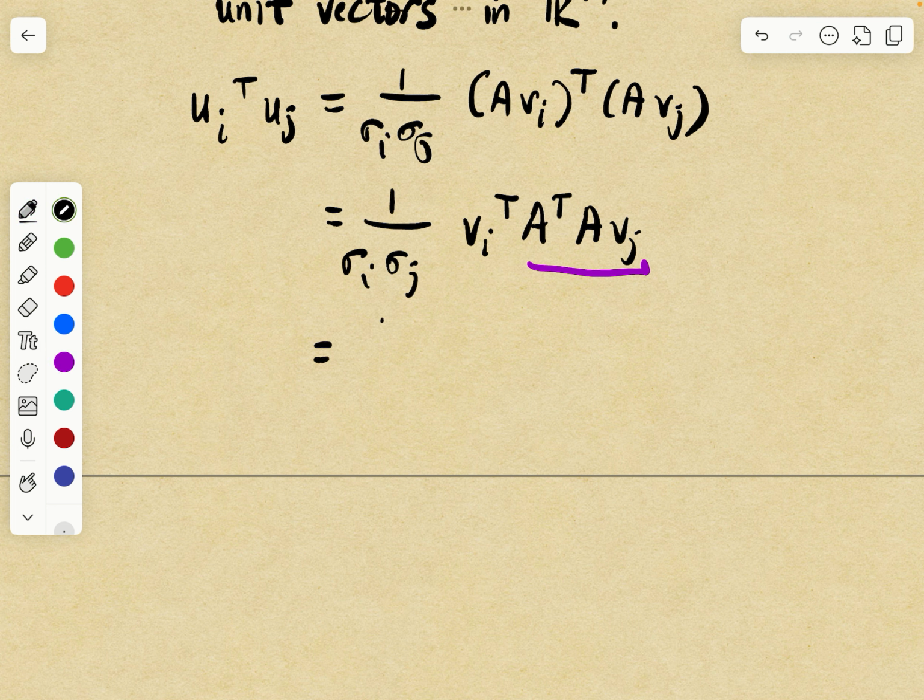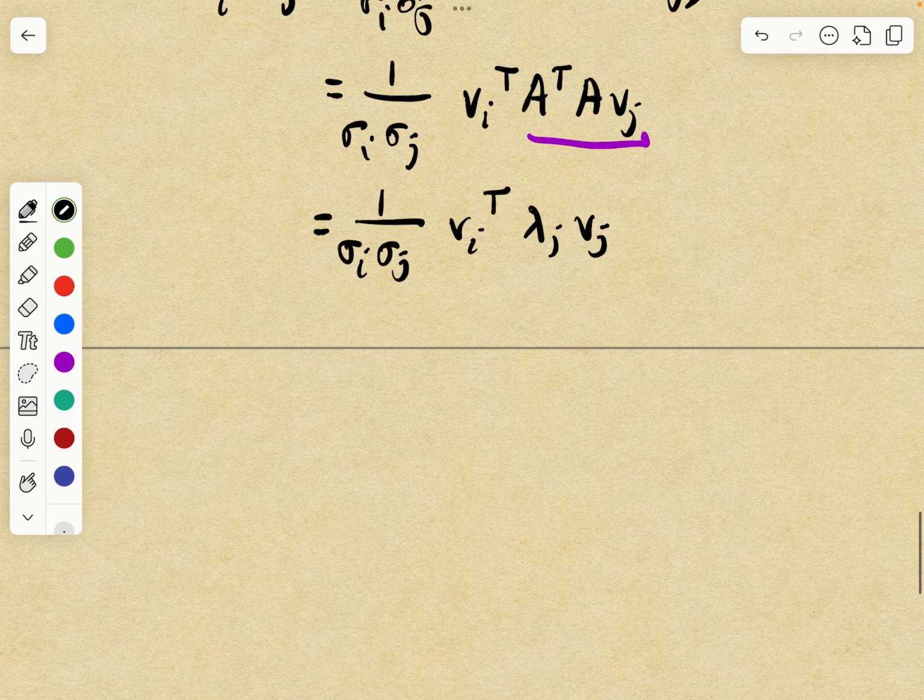So this is going to be 1 over sigma i sigma j Vi transpose lambda j Vj. And of course, this lambda j is a scalar, so I can pull it out, and I'm going to get lambda j over sigma i sigma j, Vi transpose Vj.